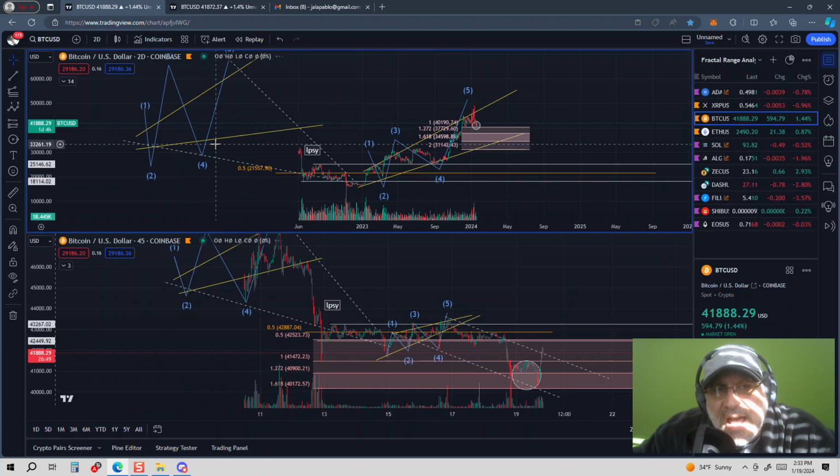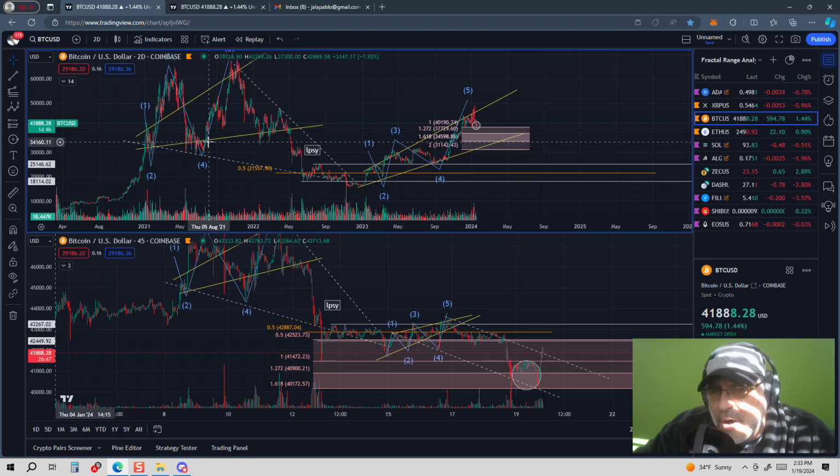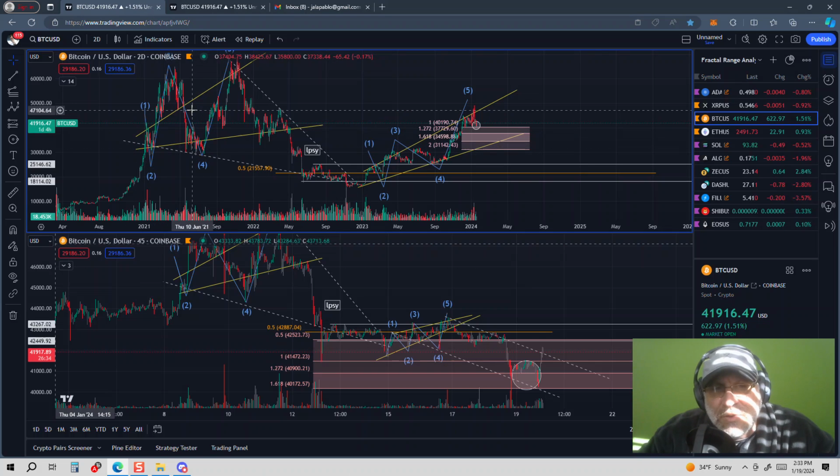Start to see these as what they are, and they are a variation of a wedge. If you look on the macro, that's what tops are. They're either wedges that are expanding or narrowing. Usually they're expanding, like we see here.